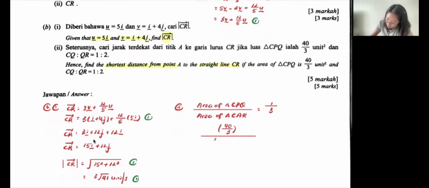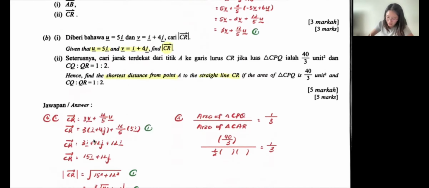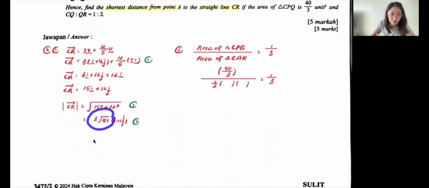You use 1 over 2 times base times height. What is the base and height? Base is CR. Remember in part 1 we found the magnitude, which means the length. So 3 surd 41, bring it in here. And the height will be the shortest distance, that is what you need to find.